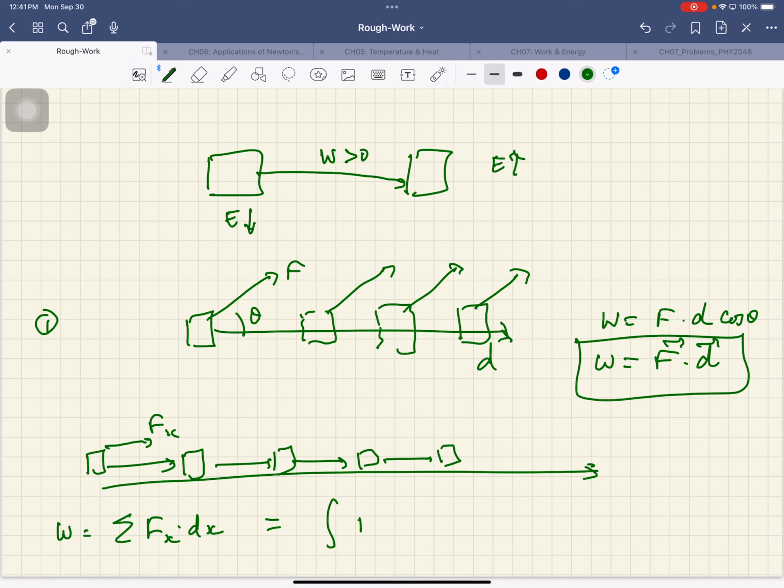And you call that the x component of the force, a function of x, dx. So for a constant force, that was the work done. When the force changes, the object is still traveling in a straight line, and the work done is that integral.